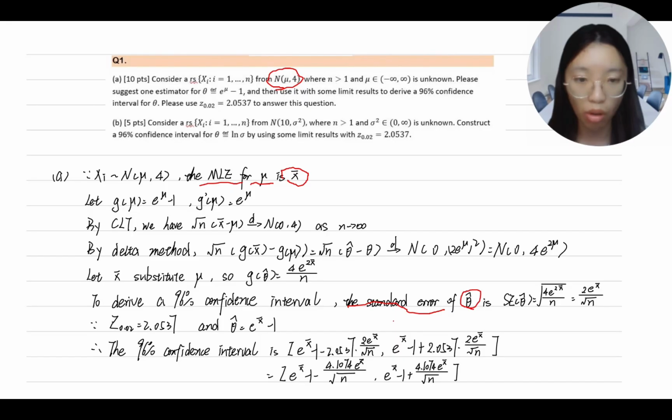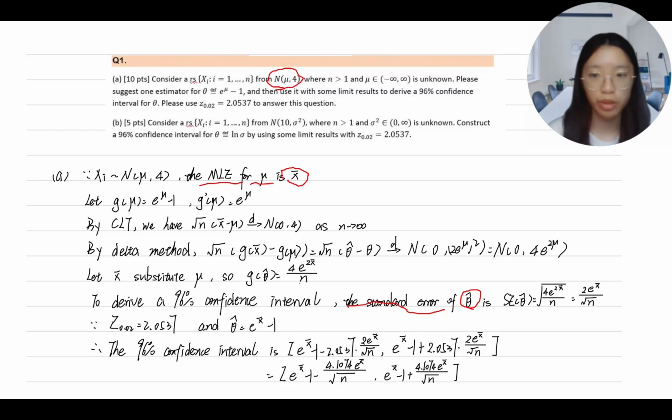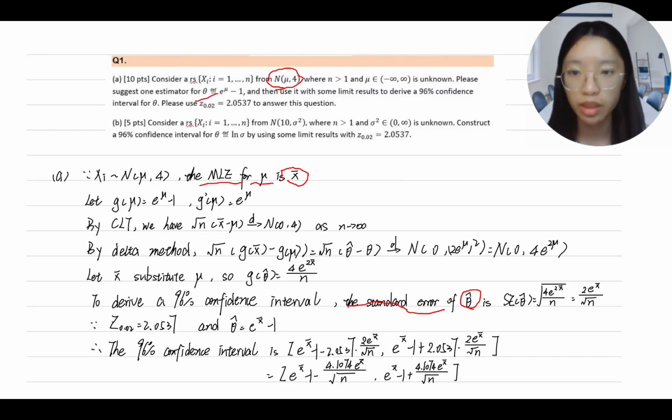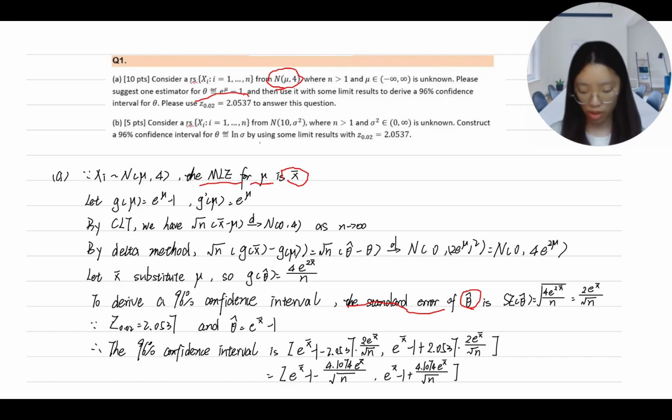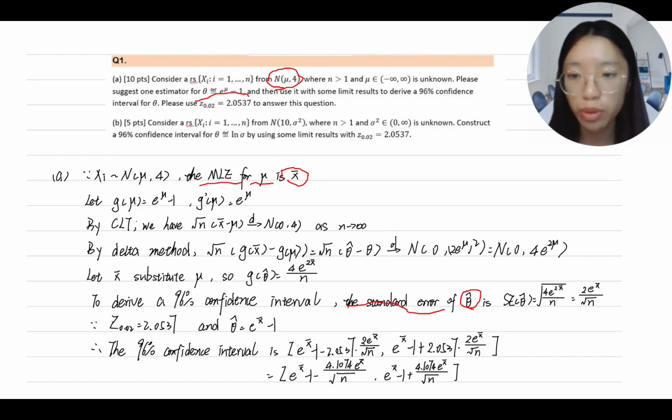In order to calculate the standard error, we need to find the relationship between theta bar and theta, and also the normal distributions. So we can use this to get g mu equal to this one, and then calculate the derivations.